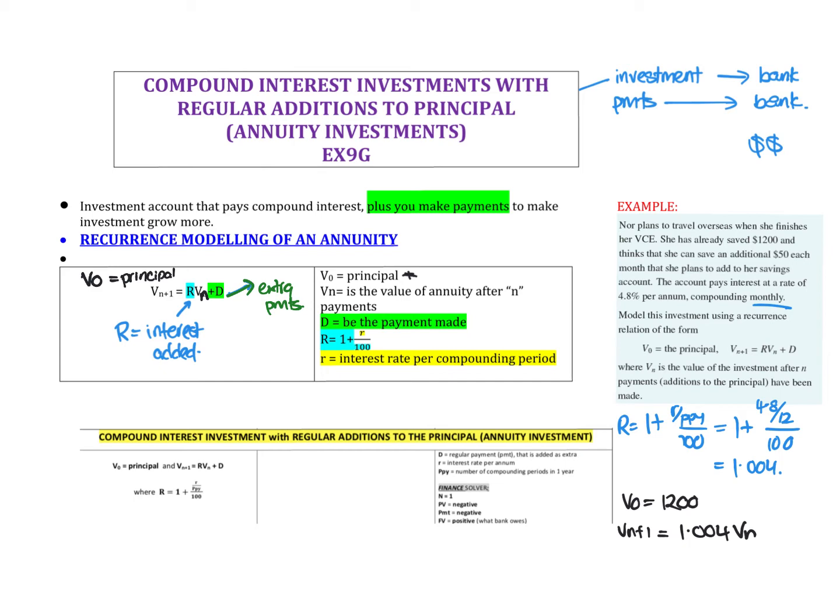Then you've got to add the payment. D is the payment, so up here they told us she's going to add another $50, so that's 50. So there's a recurrence relation set up. Over here were a few little mix-ups, but on your summary sheet, it's all good.